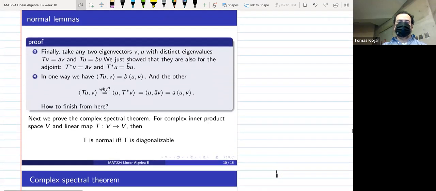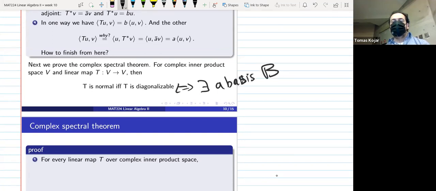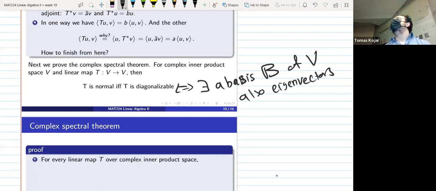We're going to prove that T is normal if and only if it is diagonalizable. Let me remind you that meant that there exists a basis B of V that is also an eigenbasis, made of eigenvectors.